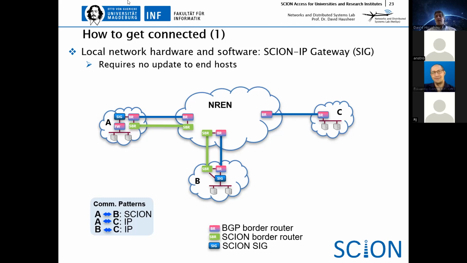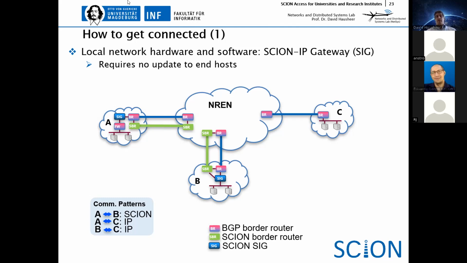So with this SCION IP gateway, the SCION enabled networks A and B can basically speak SCION without noticing it. Any connection that legacy applications establish that originates, for example, from A and ends in B could automatically use SCION without those applications being changed at all.